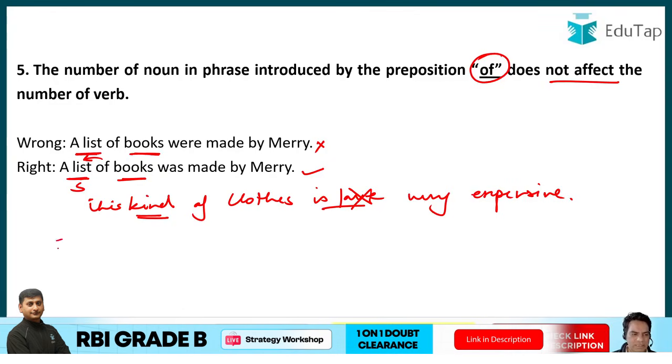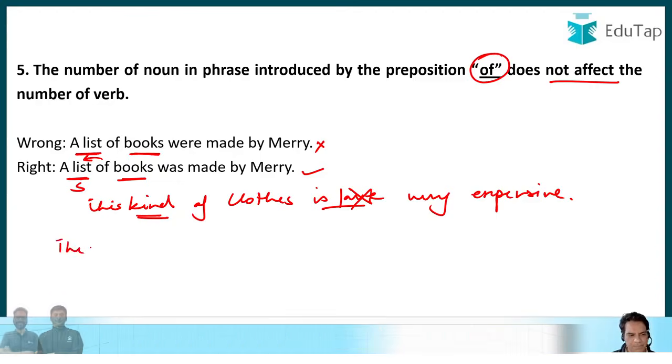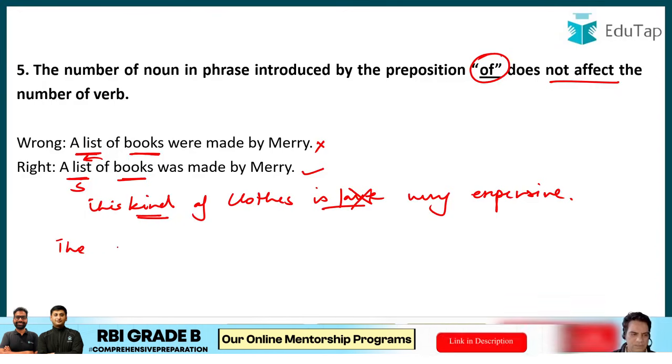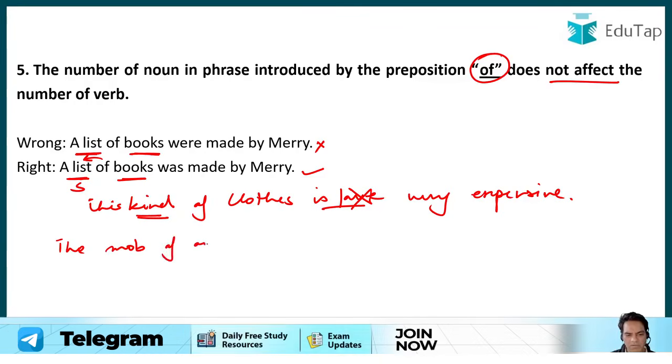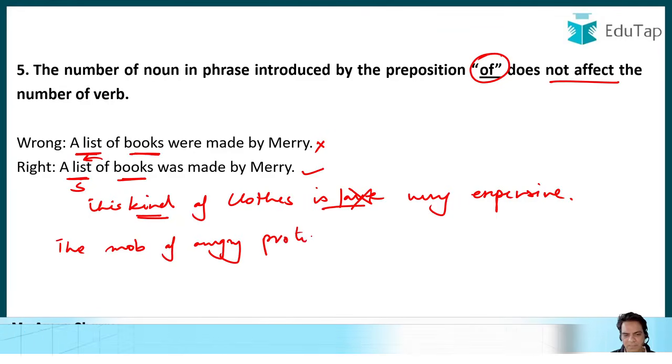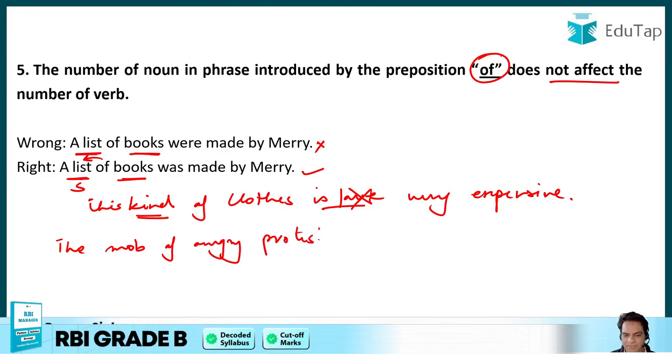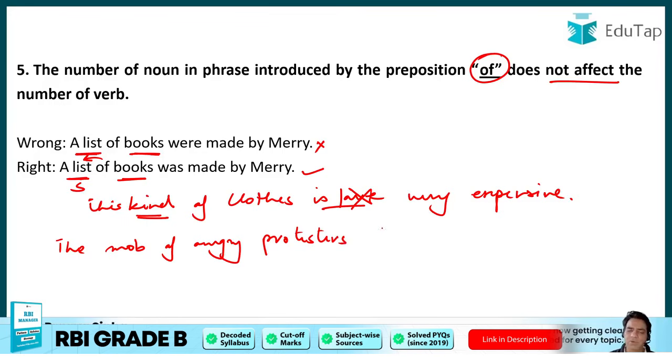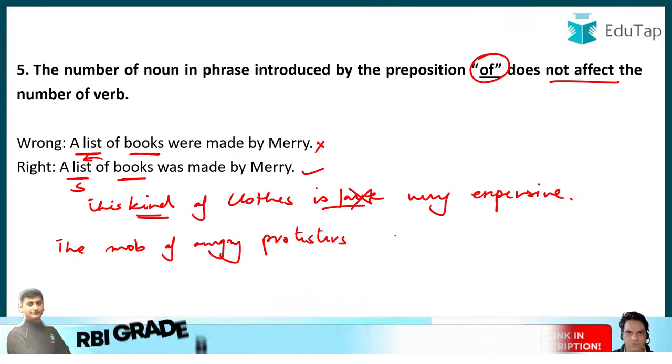For example, the mob of angry protesters. What is a mob? People who are protesting or revolting against an institution or the government.